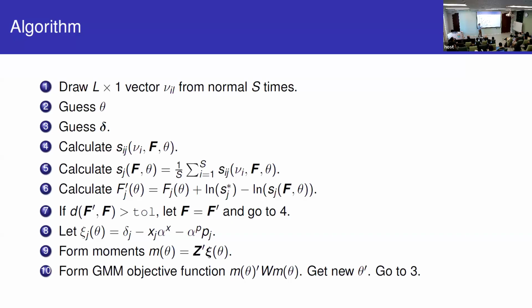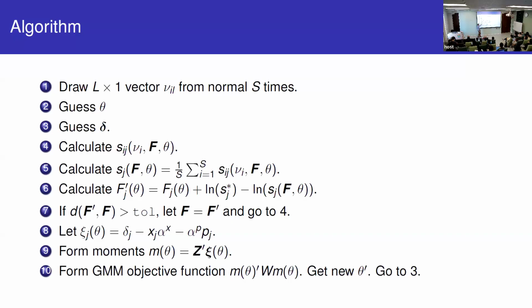And then I'll check, did it converge? And if not, I will update and go back to 4. And then this creates a fixed point algorithm, a loop that I need to solve in this estimation equation. Once I get out all the Fs, I messed up and wrote delta here, I'm sorry. So anyway, this should be F here.